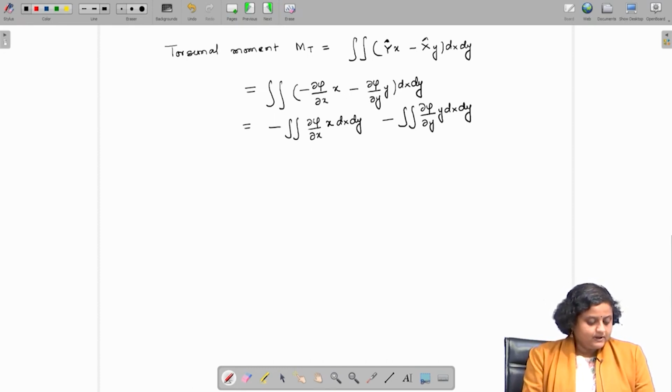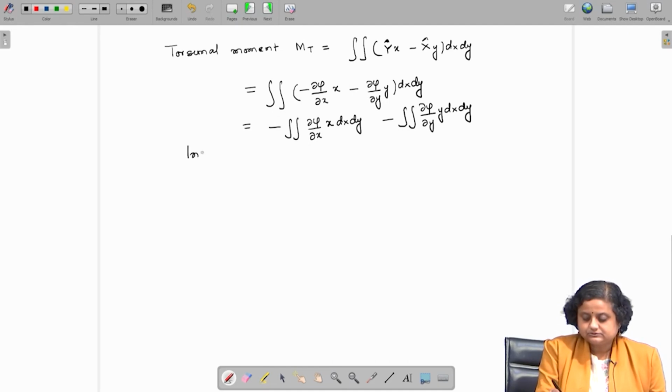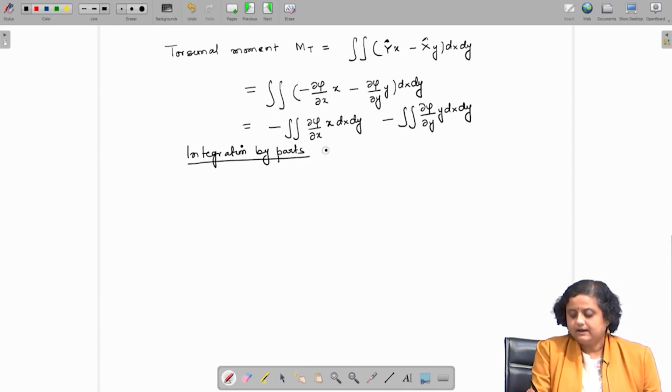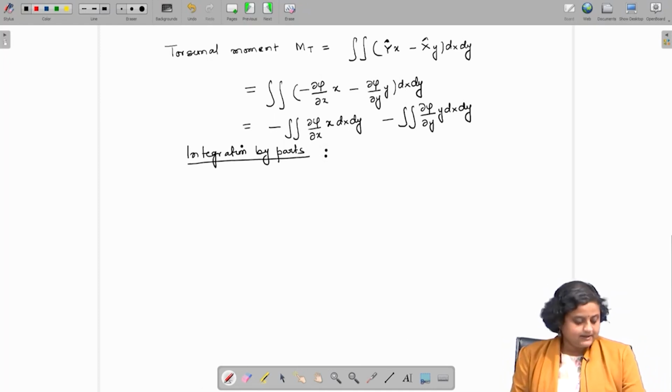Now, if we use integration by parts, we can convert the above integral into this form.